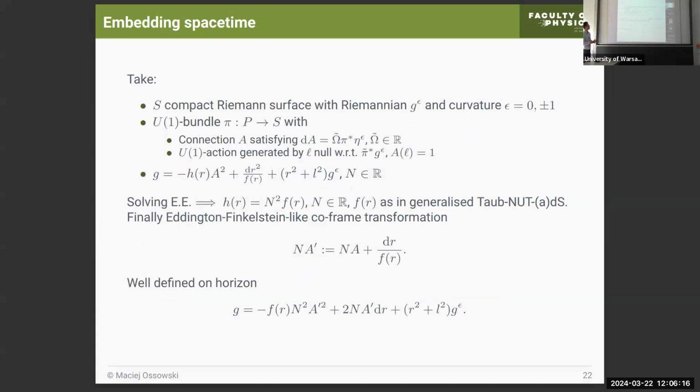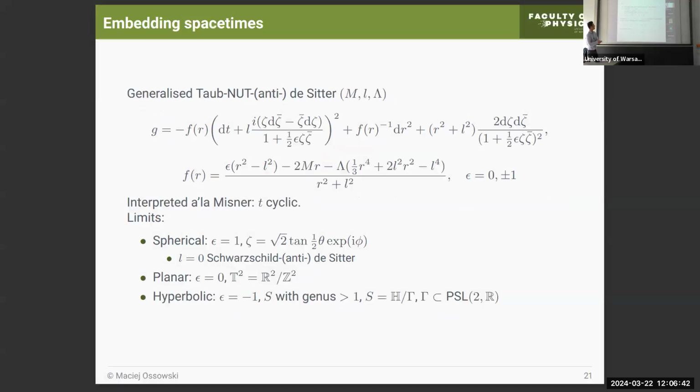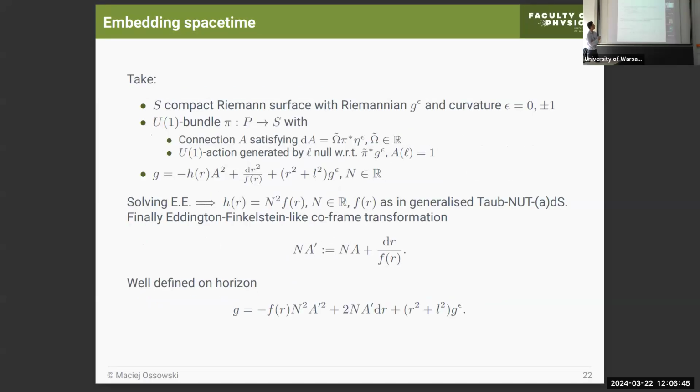Because we couldn't really use the coordinates, we have assumed that we have a space-time which has the structure that we really seek, so that in this space-time exists some U(1) principal bundle over this surface S, which has the same topology as the horizon that we wish to embed, and we assume that this A is a connection of this bundle that satisfies the same conditions as for the horizon.